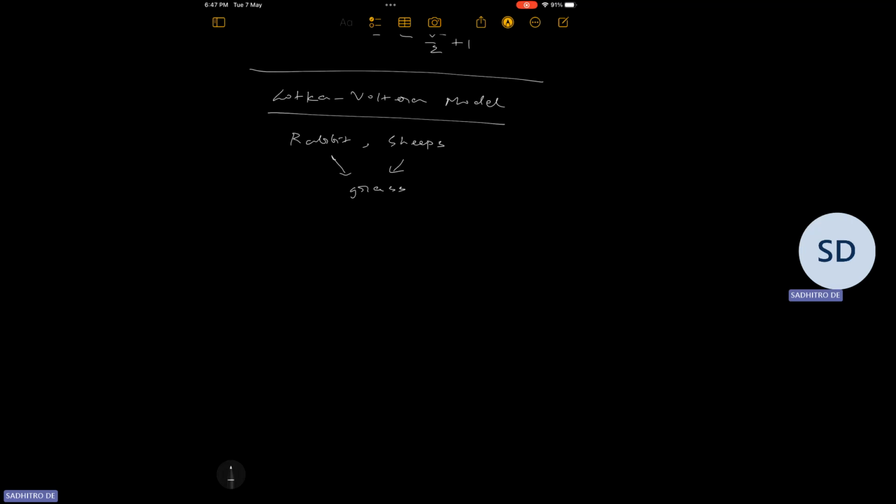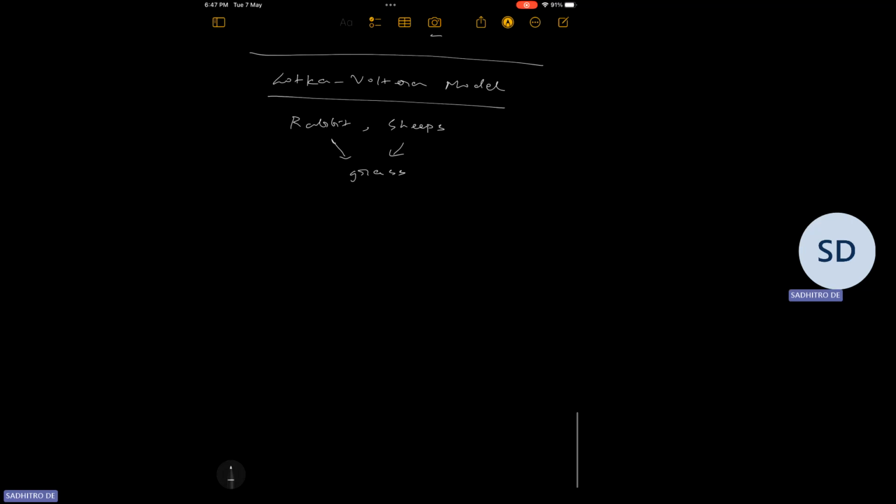Okay, and the amount of grass is limited. So what happens? There is a competition between species. So they would all try to feed off the same grass. And in this model, we neglect the effects of other complications like predators, seasonal effects, and influence of other factors on sources of food, and so on and so forth.